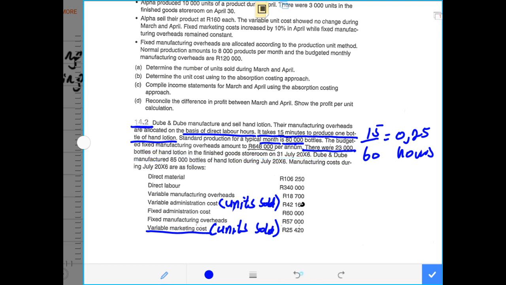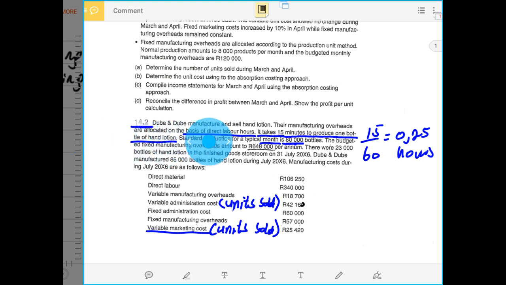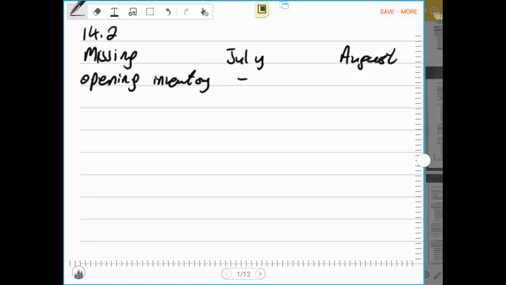So now we do have closing inventory and we also do have production. We have to make use of what we have, because there was no further information that told us otherwise. Then we say plus production, then less closing.